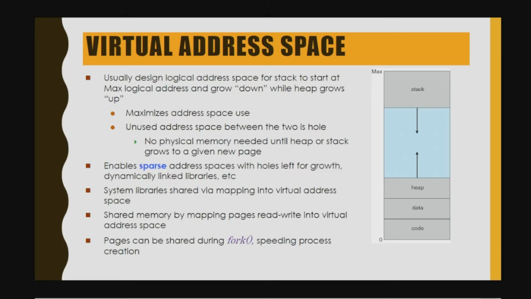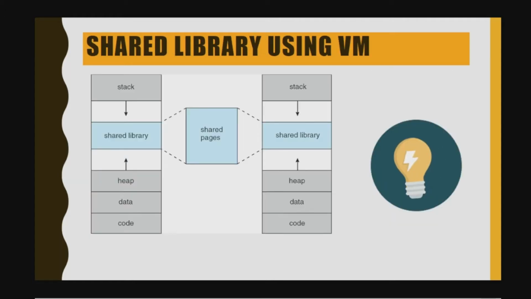Pages can also be shared during the fork. The process of fork is like parent and children when you learn about programming, so this function can speed up process creation.